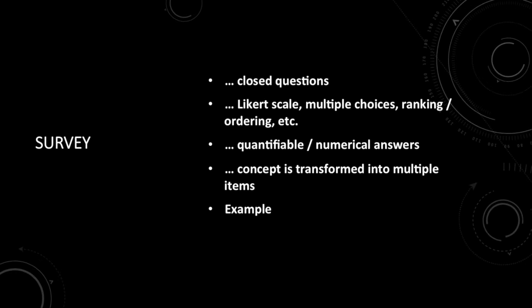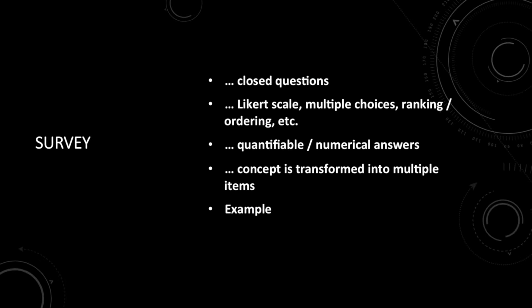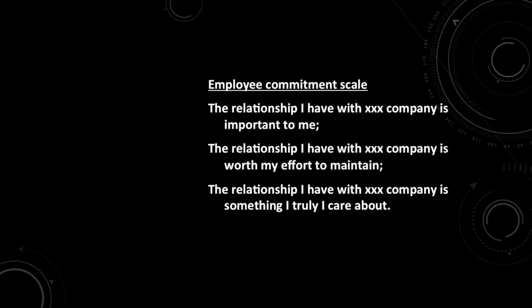For example, if we're measuring employees' power distance orientation, we do not ask the employees in one single question, what is your power distance orientation on a scale of 1 to 5? Instead, we need to use multiple items to tap into that construct. Or, another example, if we're trying to measure organizational commitment, we do not ask directly, how committed are you? Instead, we use multiple items to measure that.